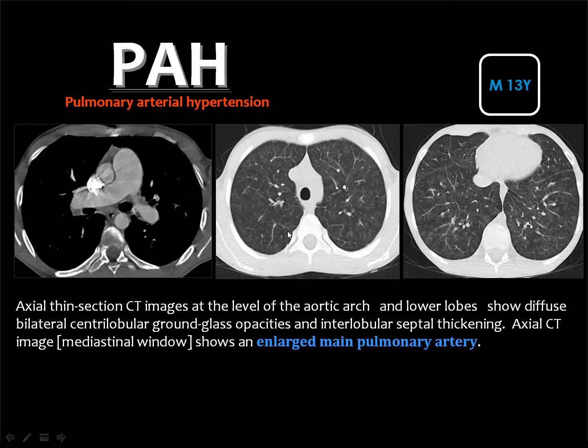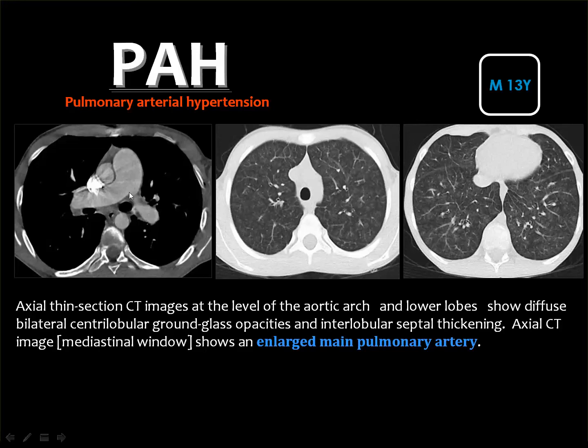The mosaic appearance represents areas of ground glass opacities alternating with areas of translucencies, and they consider the areas of ground glass as representing the well perfused lung, and the hypertranslucent areas are the slightly hypoperfused lung tissue.